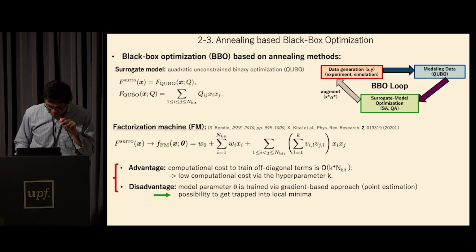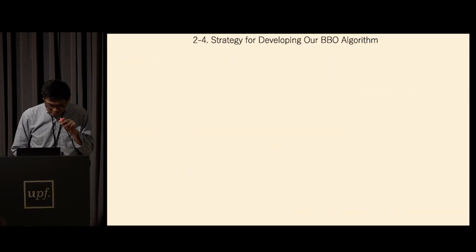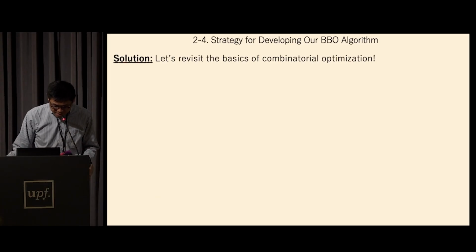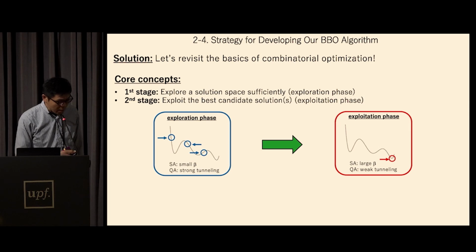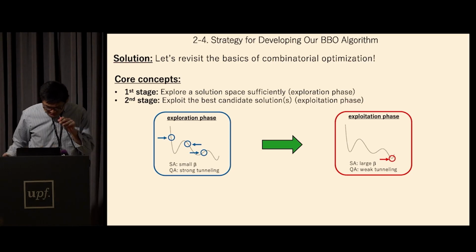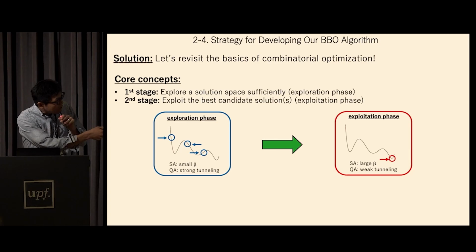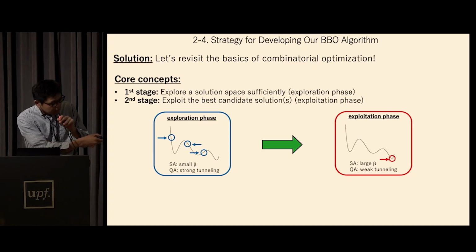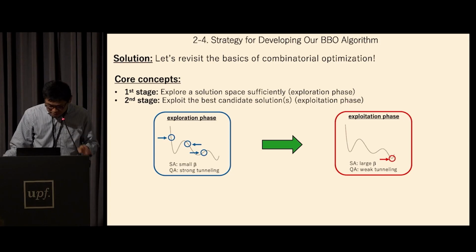And how can we do this? To do this, let's revisit the basics of combinatorial optimization. To solve combinatorial optimization problems effectively, we need 2 core concepts. The first one is exploration, and the second one is exploitation. Exploration is to search for the best candidate solutions, as many as possible. Exploitation is to focus on finding the optimal solutions of the problem.